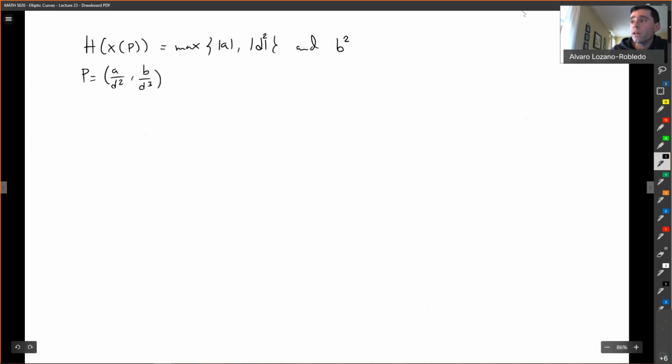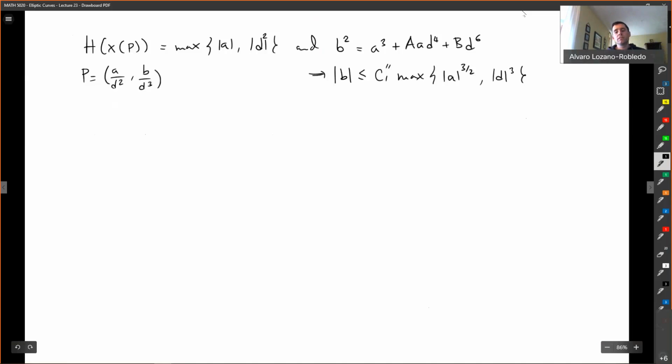Then B squared equals A cubed plus A D to the 4th plus B D to the 6th. So the absolute value of B is less than or equal to, again, some constant that depends on A and B, times the max of this root of A times the cube of D.